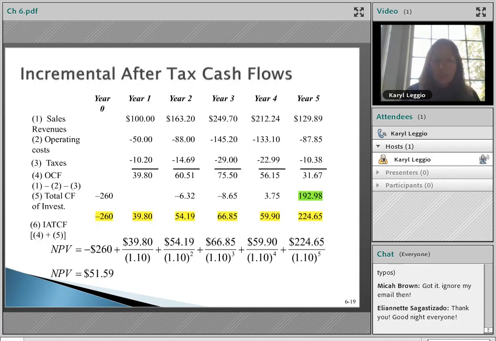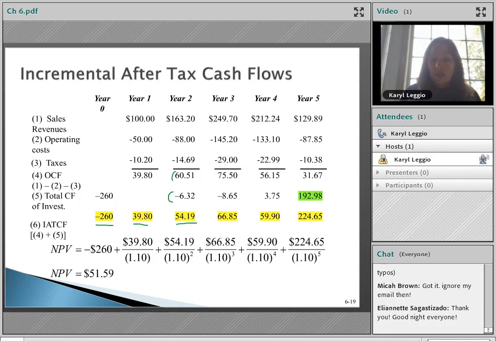So let's look at our spreadsheet now. We have this $260,000 from before. In year 1, we don't have any additional working capital expenditures, so the only cash flow we have is our cash flow from operations. In year 2, we had cash flow from operations of $60.51, but we have to subtract out the investment we made in building working capital, so our cash flow in year 2 is $54,190.